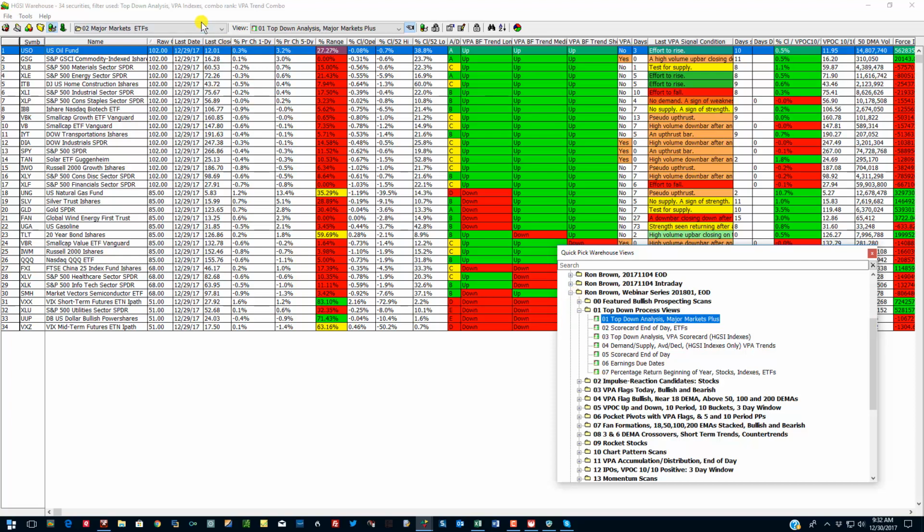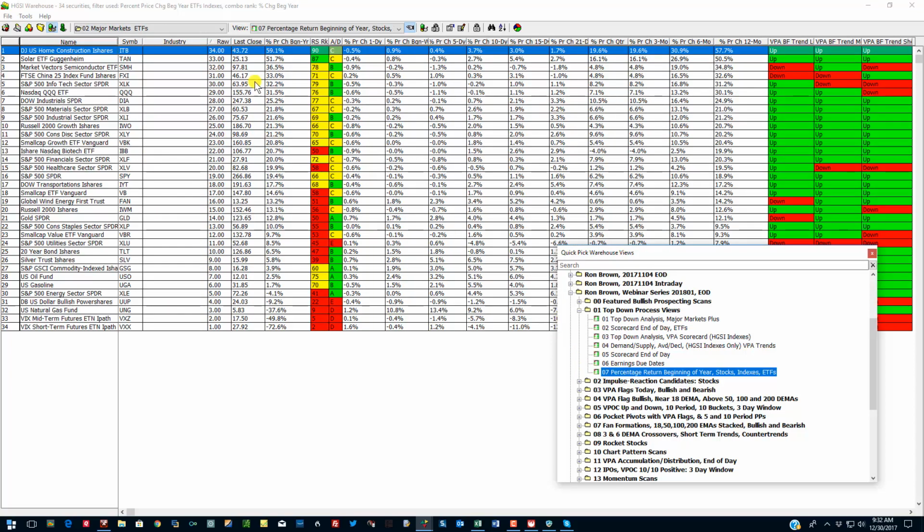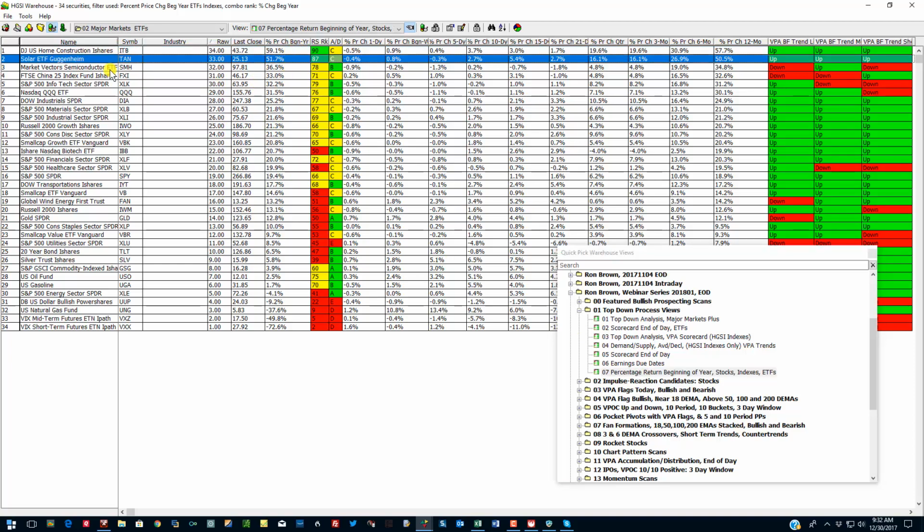Now let's look at these ETFs through the lens of the percentage return beginning of the year, and you can see that home construction shares, the ITB, was up 59.1%, followed by TAN, which is a solar ETF, up 51.7%.